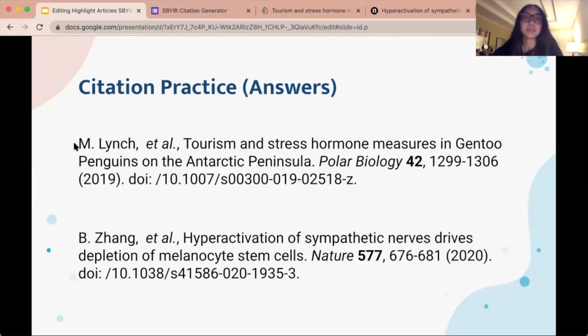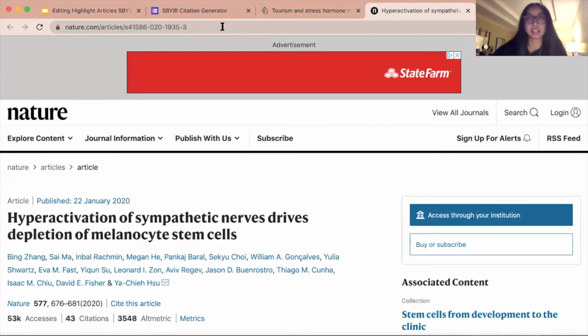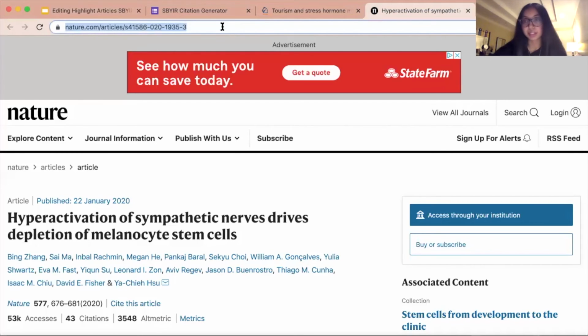Oh, by the way, this citation on the bottom is another journal article. So we didn't do this article today, but if you wanted to practice citing this article as well, I can put the link to this journal article as well. In fact, let me do that right now. So if anyone just wants to practice citing this article as well, feel free to do so. Okay, this one should be relatively easy to cite as well.